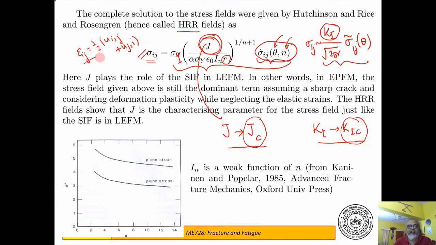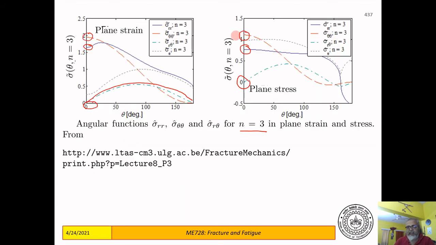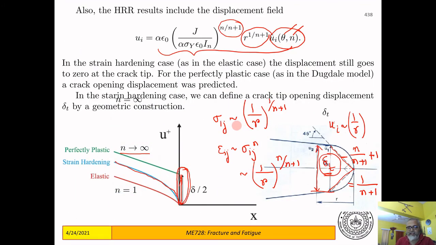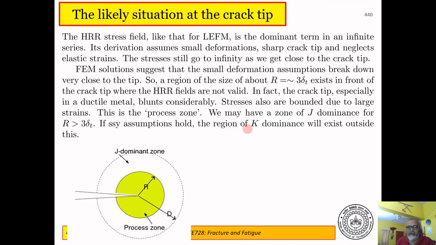The small strain assumption is still valid for this, whereas in reality, in front of the crack tip, there is a region where the deformations are extremely large. So the picture may be something like this. In front of a crack tip, you have a region which has very large deformations, and here small strain theory does not hold.